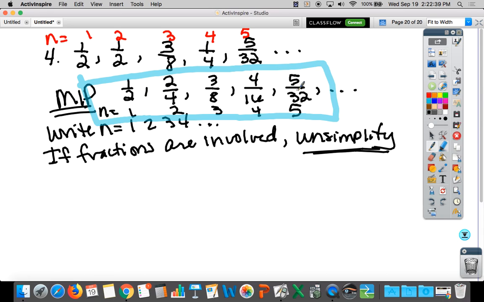So what can I say about the formula for this one? The a sub n is n over something. Now, we can't do n plus 2 each time because it's not multiplying by 2 each time. Guys, we can't even put 2 in. Let me explain why. Listen, look up here.